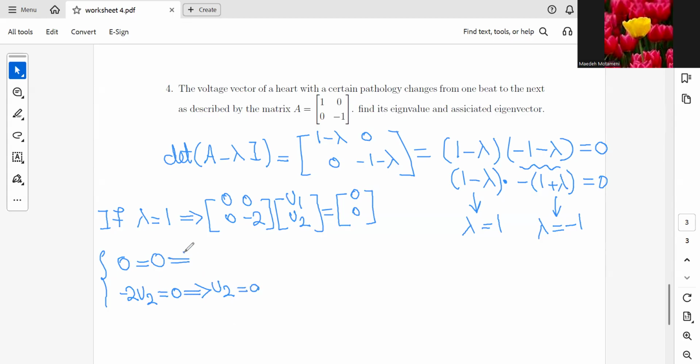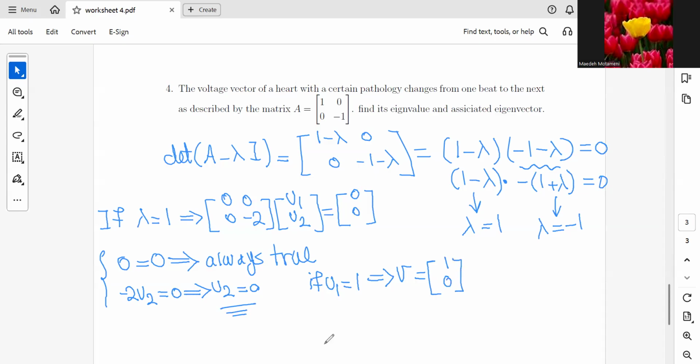Since this is an expression which is always true, there is no obligation for v sub 1. We can pick v sub 1 any number, but we can pick it 1 as well. So v in here can be 1, but v sub 2 should be 0.